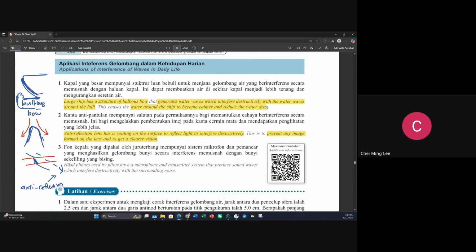And the headphone used by the pilot has a microphone and transmitter system which produces sound waves that interfere destructively with the surrounding noise.